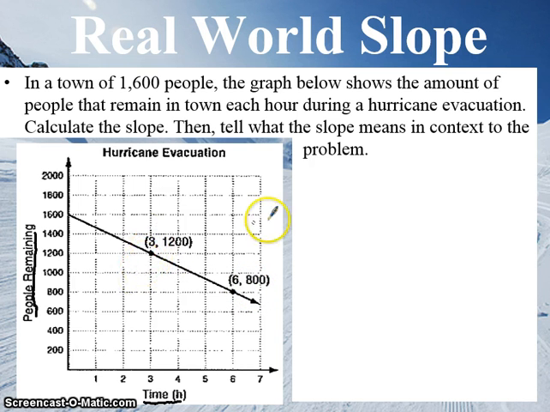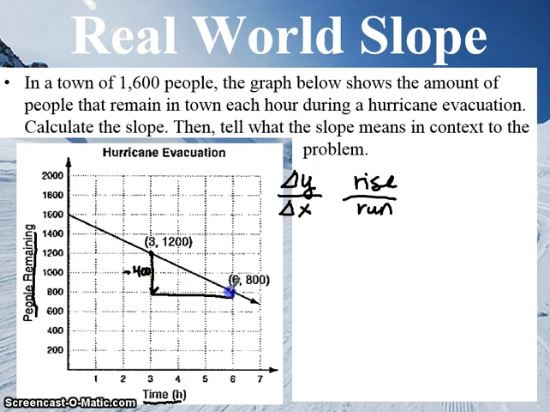Now, let's look at how y changed, the change in the dependent variable, when the x changed. In other words, the rise over the run. Now, on graphs like this, you have to be very careful because they're not counting by ones. So we fell from 1,200 to 800, so that's down 400 people when 3 hours passed.